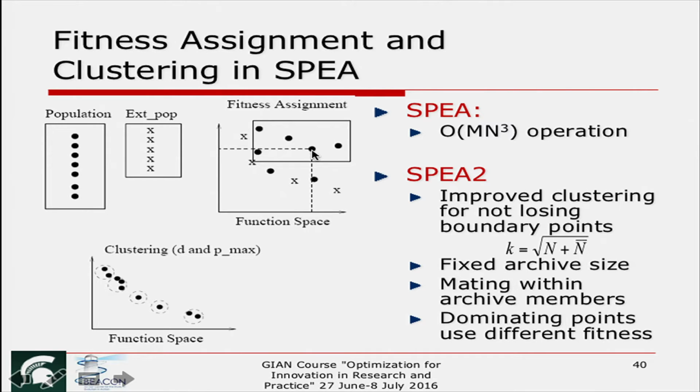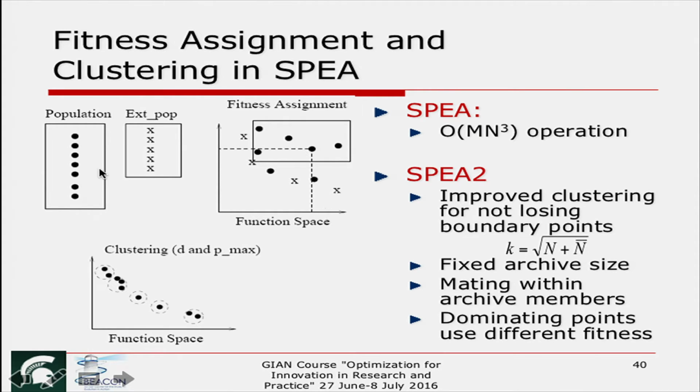And then for assigning a fitness to one of the population members, you look at how many of these external members it dominates, and their strength. Like this one had 5, this one will have 1, 2, 3. So 5 plus 3, 8, plus 1. They add a 1 to this, so that becomes its fitness. So the smaller the fitness, the better the point.